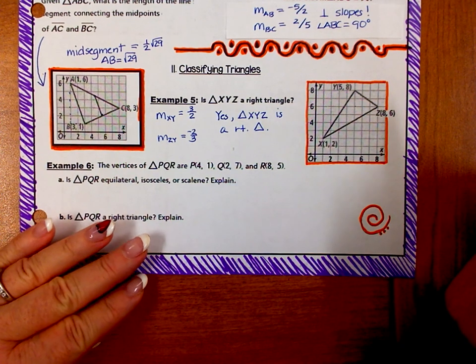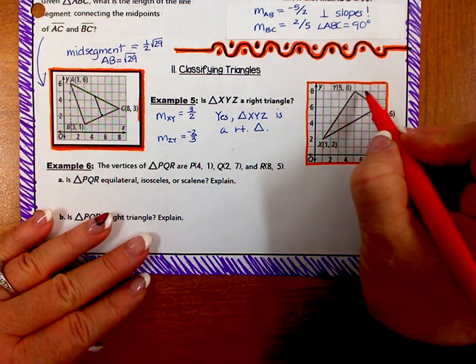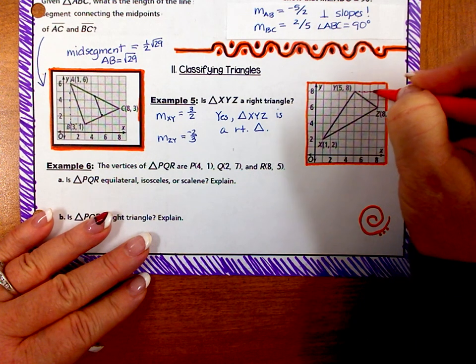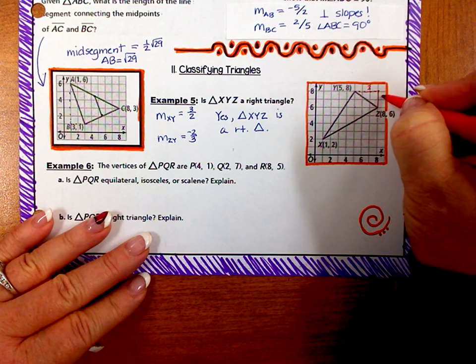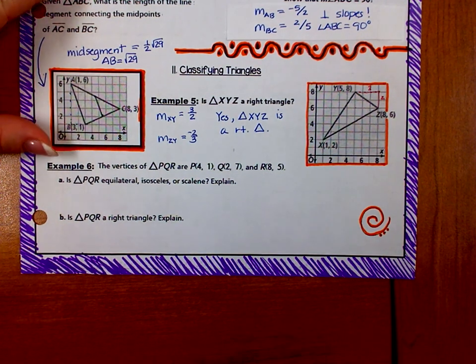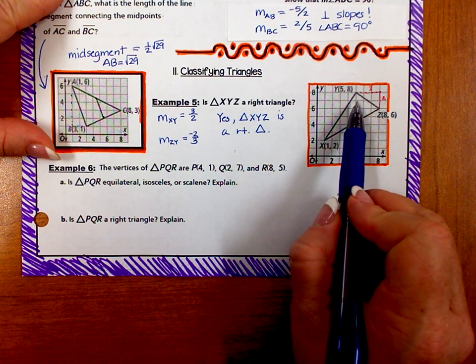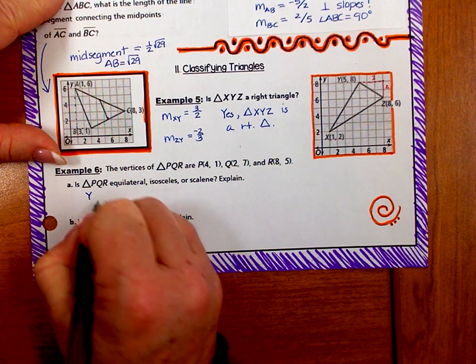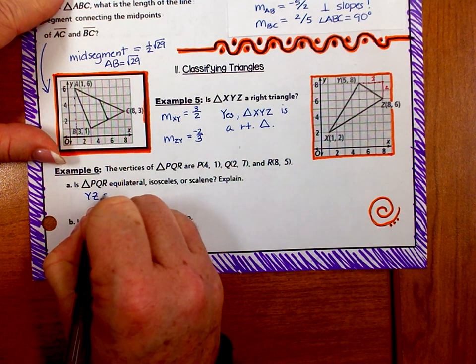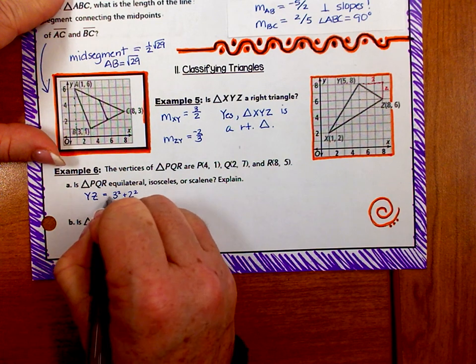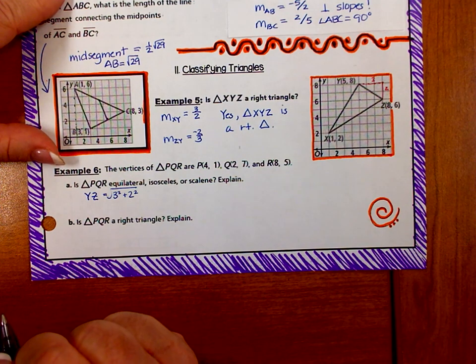Okay, so let's start with this one right here. If we look at this side right here, we're looking at 3 and 2. This is going to be YZ. So YZ is equal to the square root of 3 squared plus 2 squared.